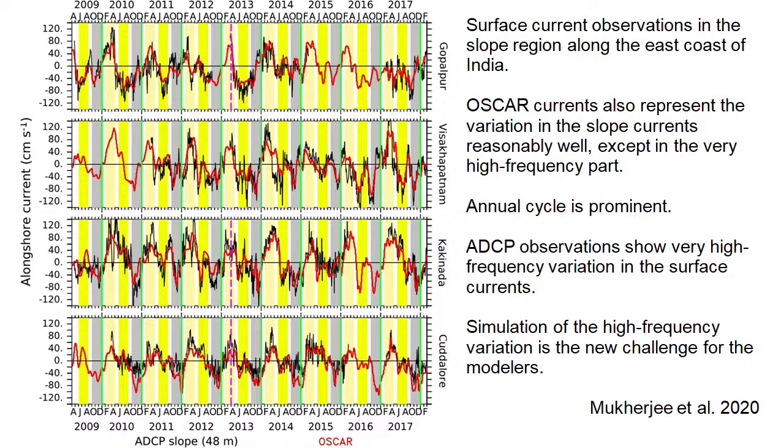Of course, Oscar has its own limitations. It's a spatially averaged product, whereas this observation is a point observation. But the good thing is that if you look at the slope currents, yes, Oscar is doing a fairly good job of getting the large scale circulation of the Bay of Bengal, at least the western boundary current.